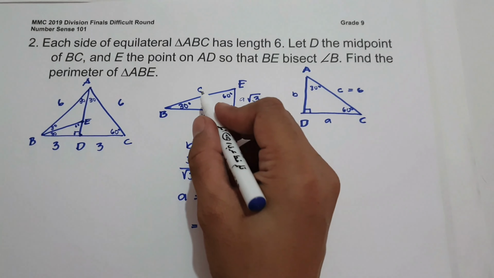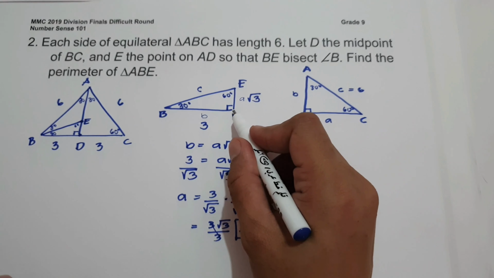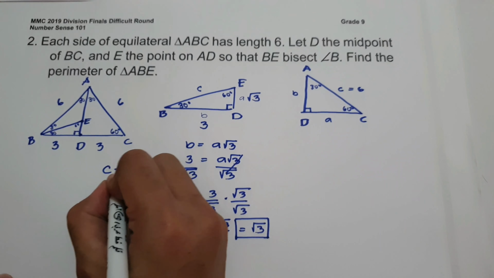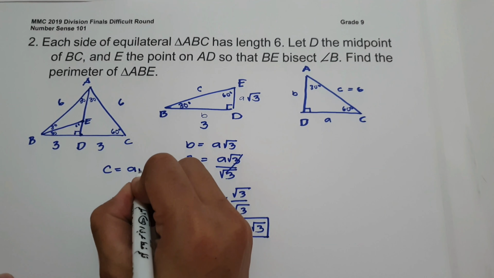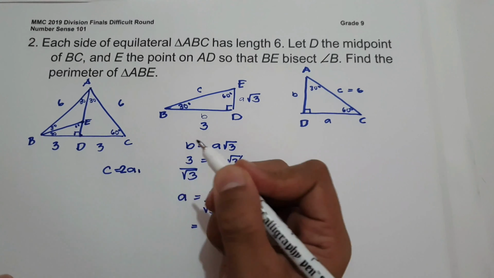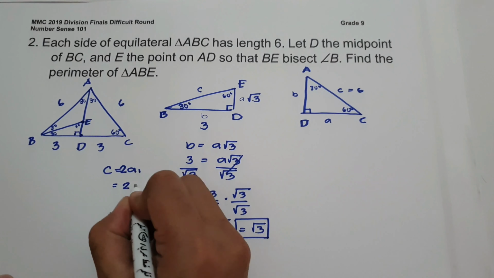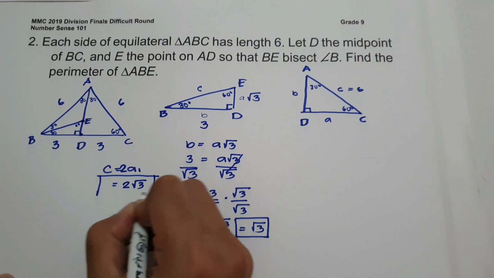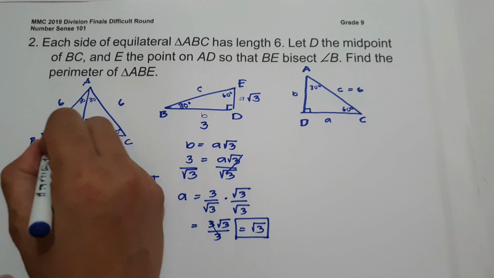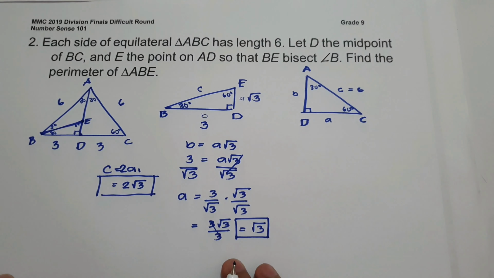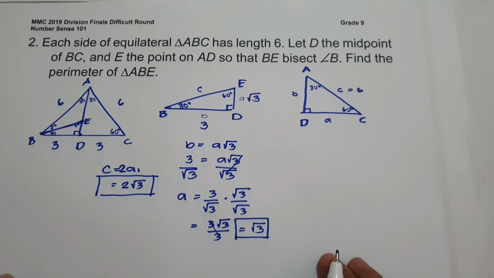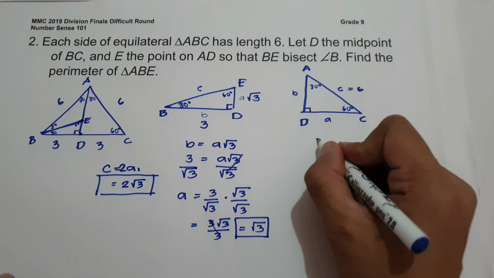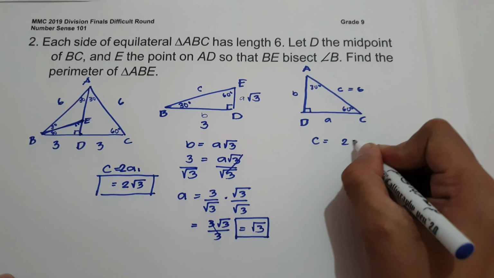To find the measure of side c, which is opposite 90 degrees, c equals 2a. So this is 2 times square root of 3, the measure of this side. Then let us have this one: c equals 2a.